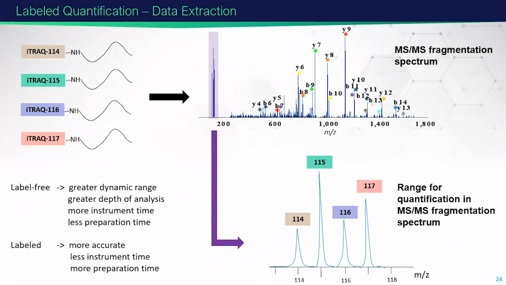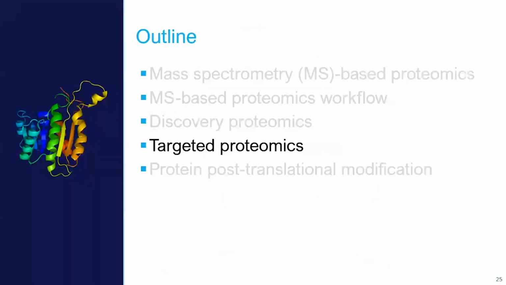But you don't do tagging, so you have less preparation time. However, the labeled method has more accurate quantification, and uses less instrument time, but you need more preparation beforehand. You can choose between those two methods for discovery mode.